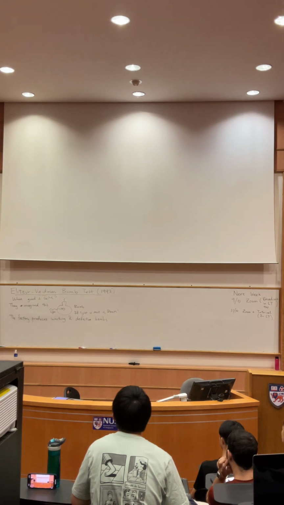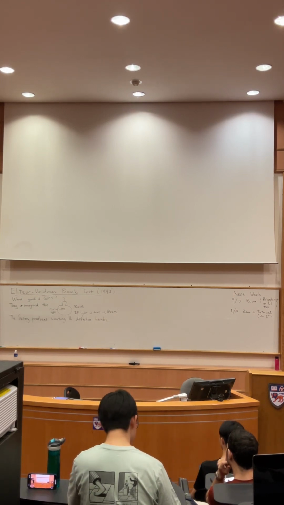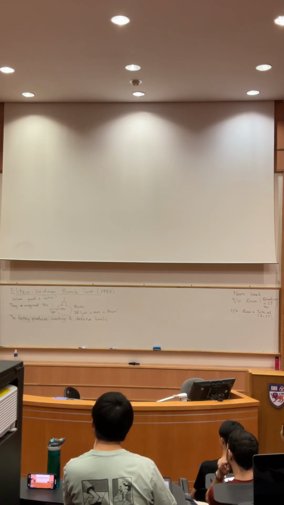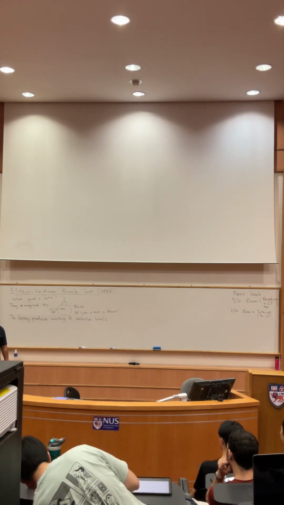Now, because the bomb is activated by light, obviously a way of testing whether it works is to send in the light. But if I send in the light, then the bomb explodes and I don't have a bomb anymore, or worse, I don't have my cell phone anymore. So this is a solution, but not a very good solution. You've used up the bomb in the process of testing it.